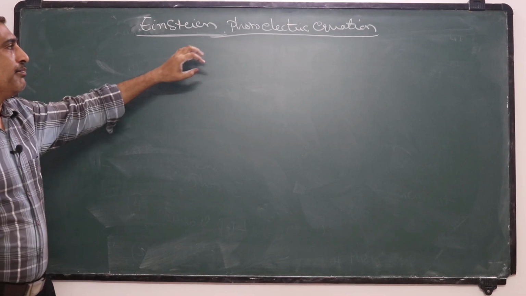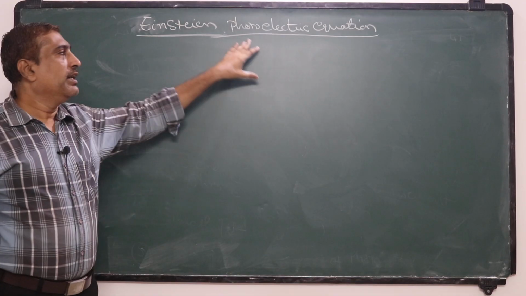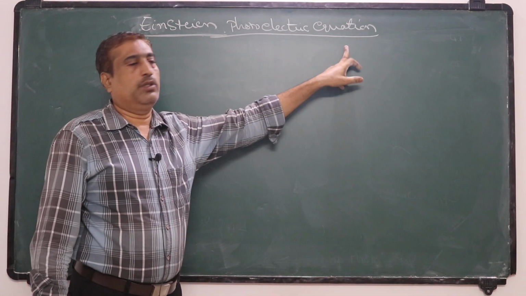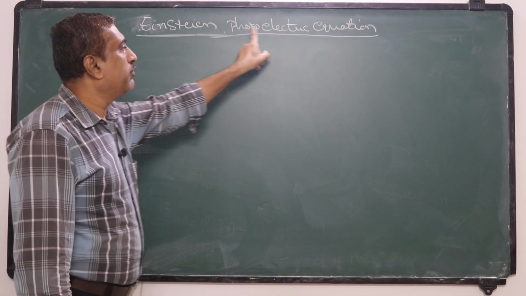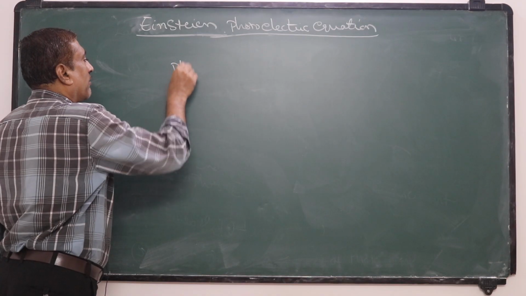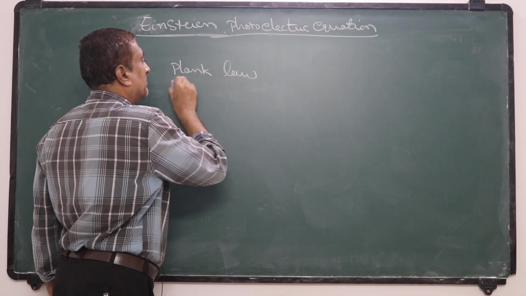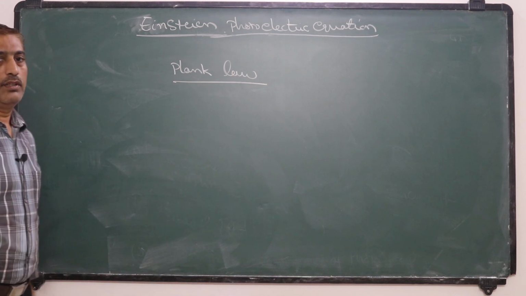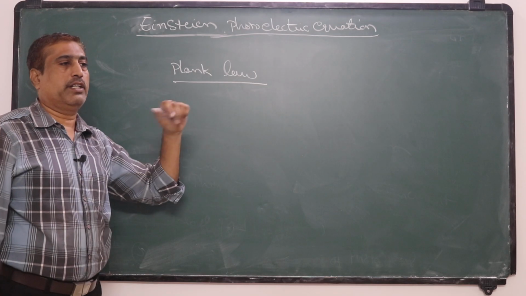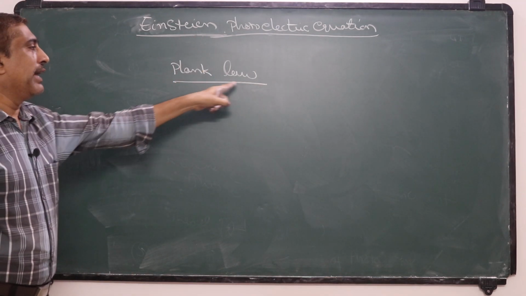On the basis of the wave theory of light, this photoelectric effect cannot be explained. So Einstein explained it using Planck's quantum theory, or Planck's law.